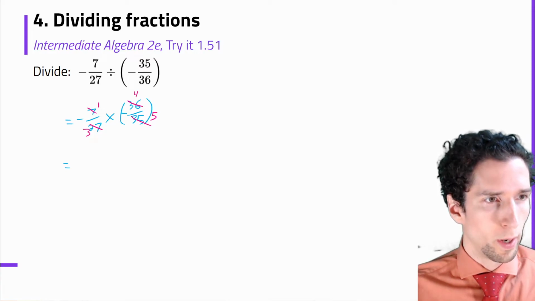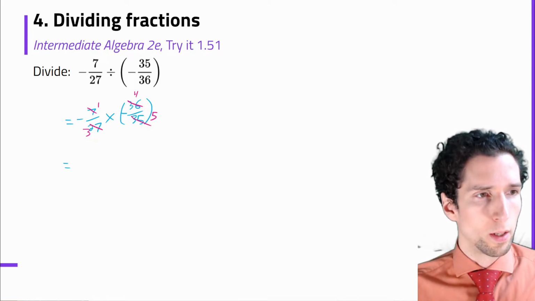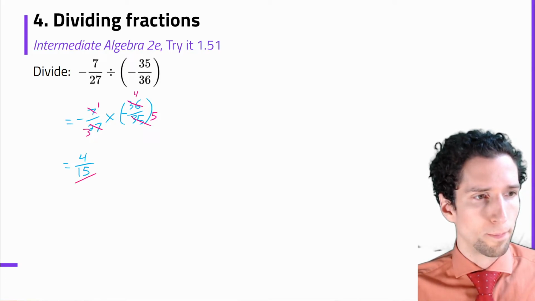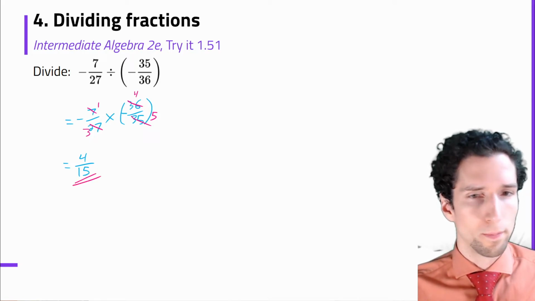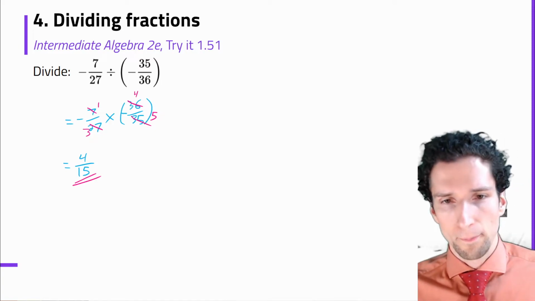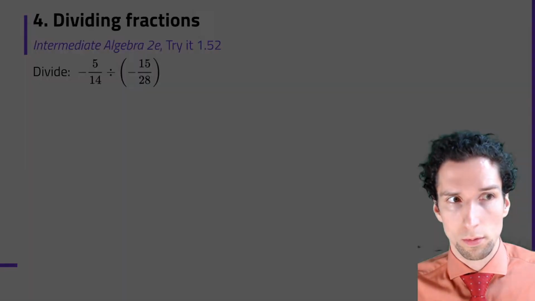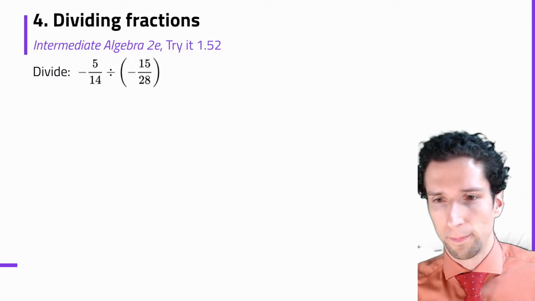Negative inside the brackets. So both terms are negative, so our result is positive. So we will have 4 over 15. There's our result. And can't simplify that any further. Okay, that was my turn. And now your turn.